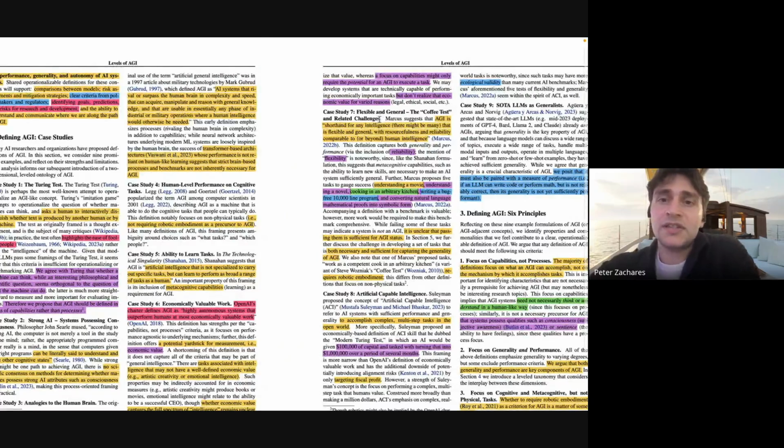I really like case study 7, where they call it flexible in general, the coffee tests, because of this list of tasks, which I told you before. These are the tasks that they think you should use to evaluate a model: understanding a movie, understanding a novel, cooking in an arbitrary kitchen, writing a 10,000 line program, and converting natural language mathematical proofs into symbolic form.